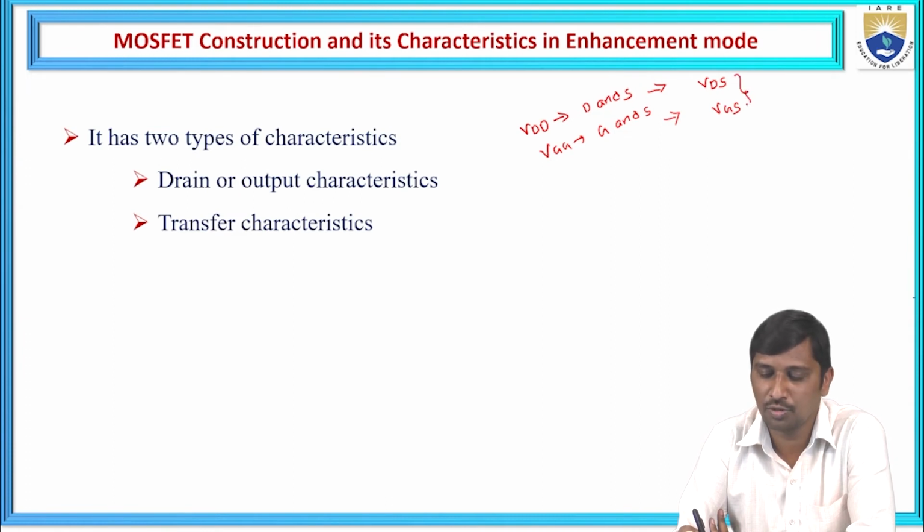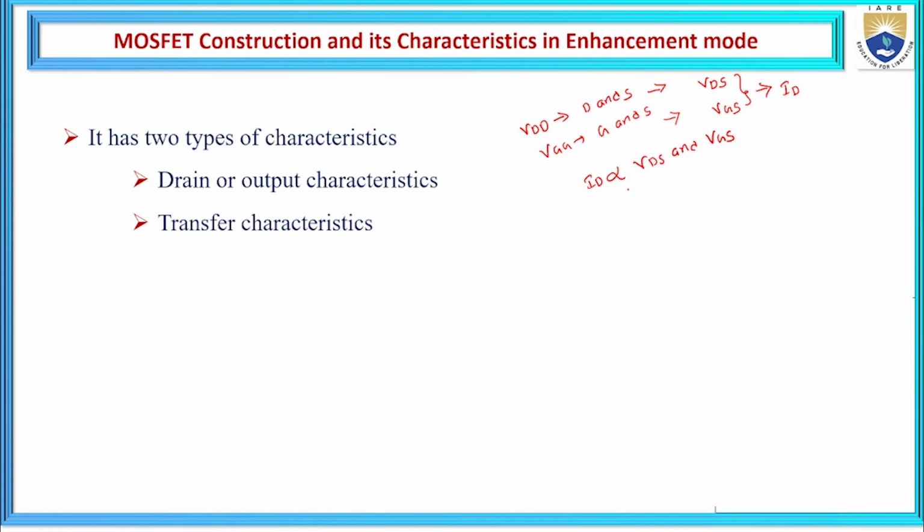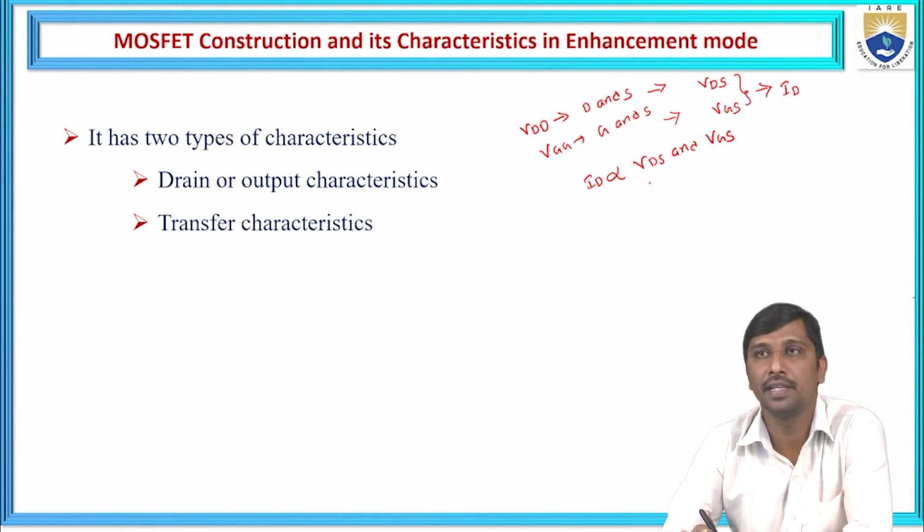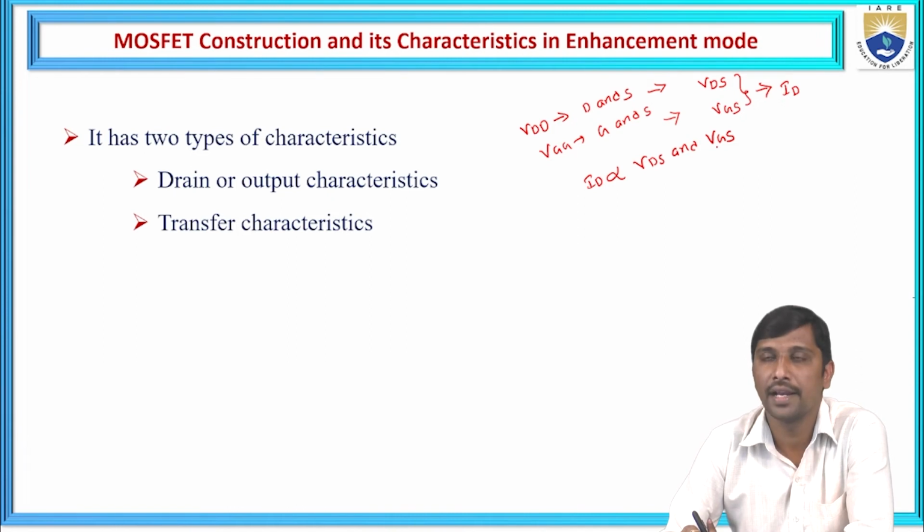With respect to these two parameters, we determine how much drain current, ID, flows in this enhancement MOSFET. So the drain current is a function of VDS and VGS, where VDS is the potential difference between drain and source, and VGS is the potential difference between gate and source.